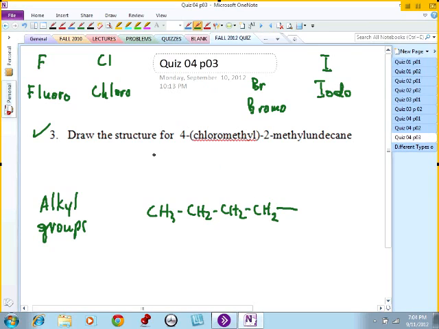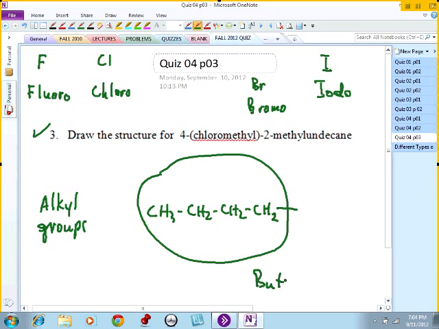I attach something to here. So now this becomes an alkyl group. In this particular case, this is a butyl group because it comes from butane, right? You remember what we told you last time we met? Butyl group.